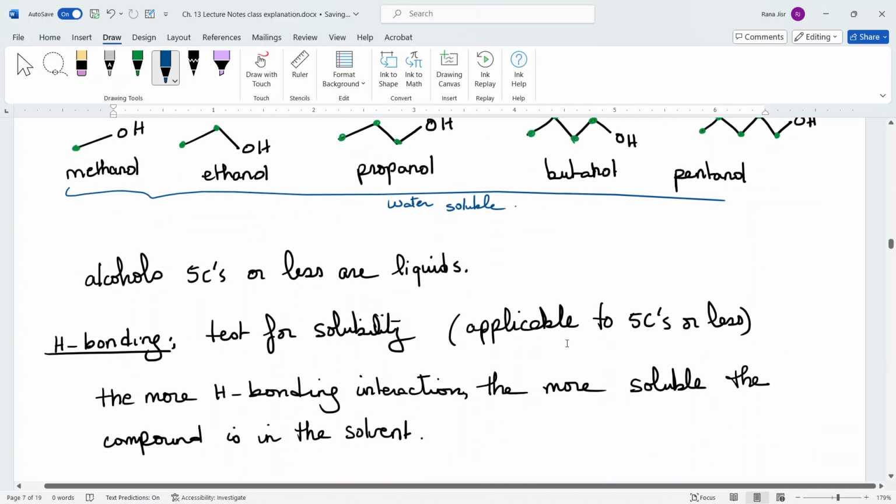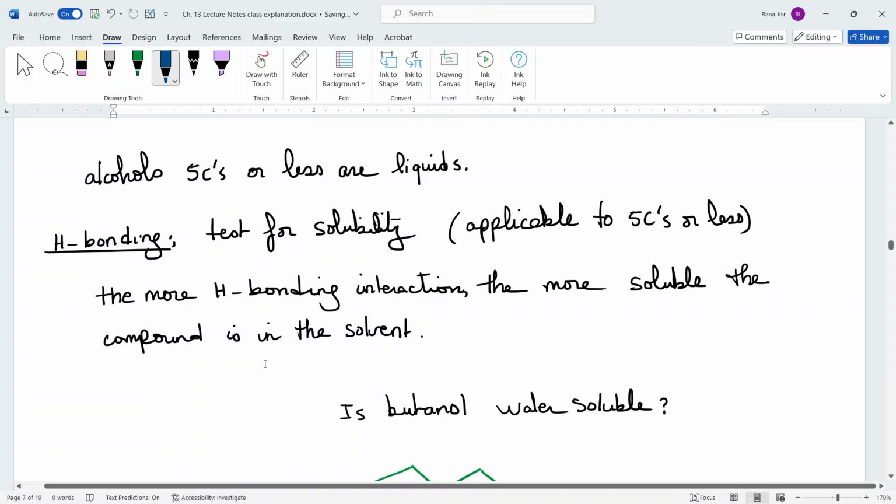The other physical property that controls the solubility is the hydrogen bonding. So hydrogen bonding is always used whenever I want to test for solubility. I need to take into consideration the number of carbons first, and then the presence of the hydrogen bonding.